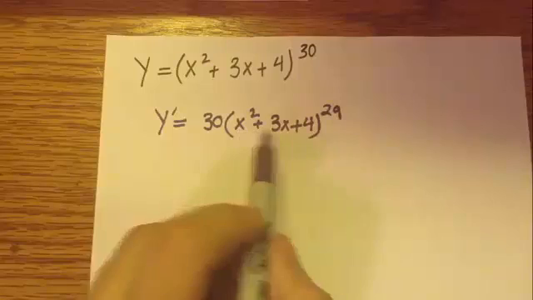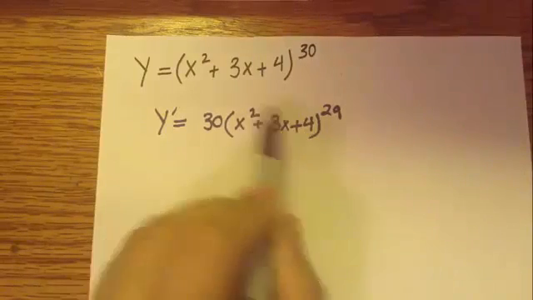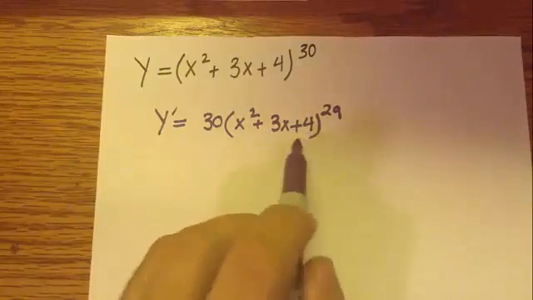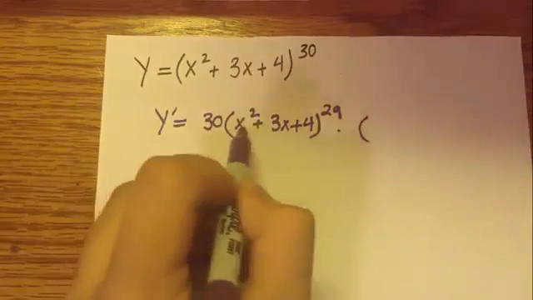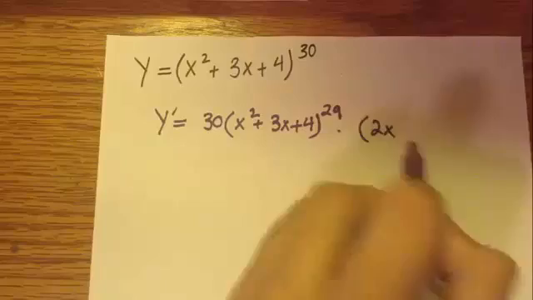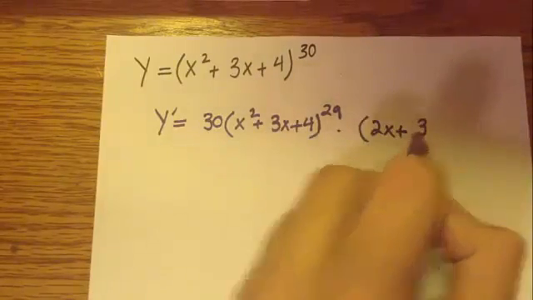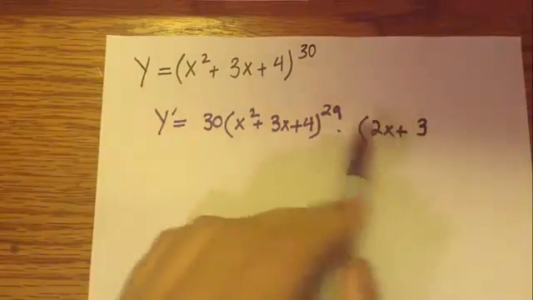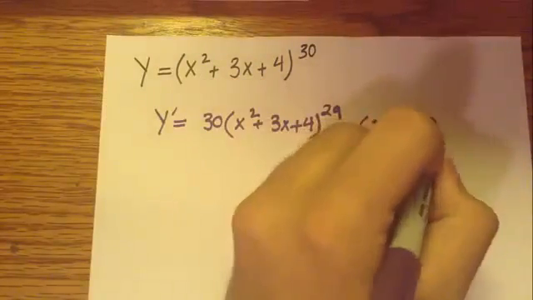And then it's going to be times the derivative of whatever I have inside the parentheses. So I have x squared plus 3x plus 4. So it's just going to be times 2x, since the derivative of x squared is 2x, plus the derivative of 3x, which is just 3. And my constant is 4, so its derivative is just 0. I'm not going to write plus 0, so I'm just going to have 2x plus 3.